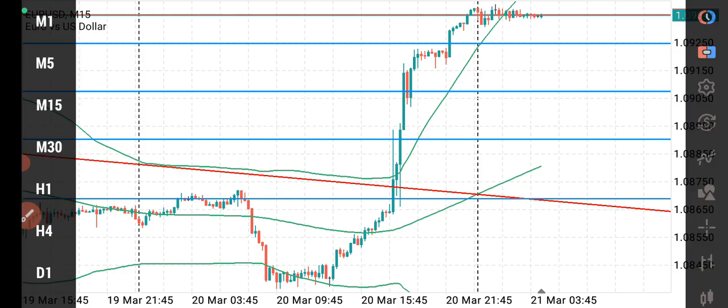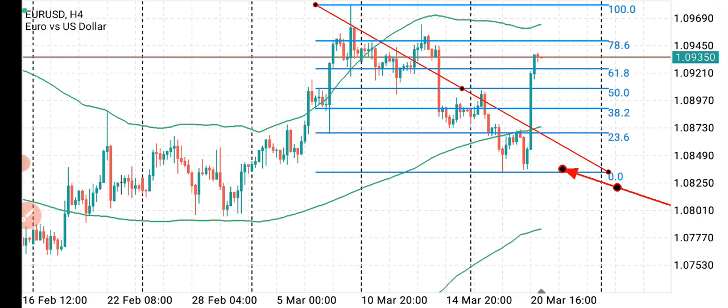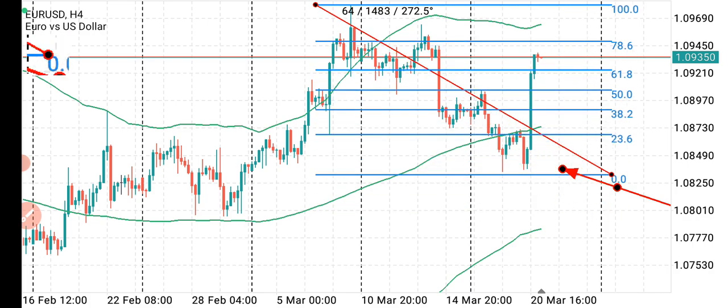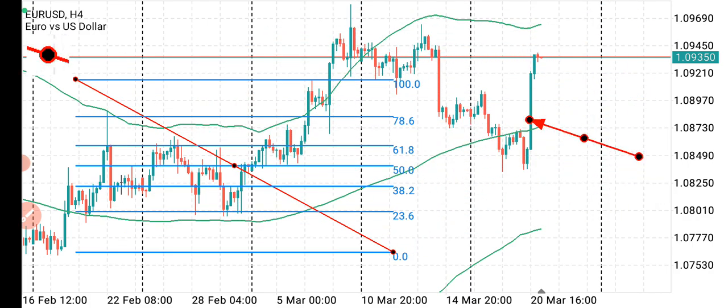But because the price is in the zone does not mean we are going to jump in. We want to see a sign of reversal, and you can see that in this level there is an imbalance all the way from here, and already the price has filled that part of the imbalance. So we are expecting a possible reversal from this zone. You never can tell, but let's see how it goes.